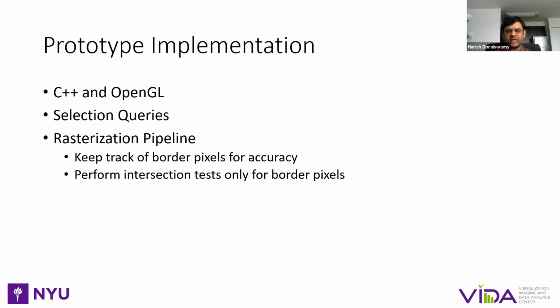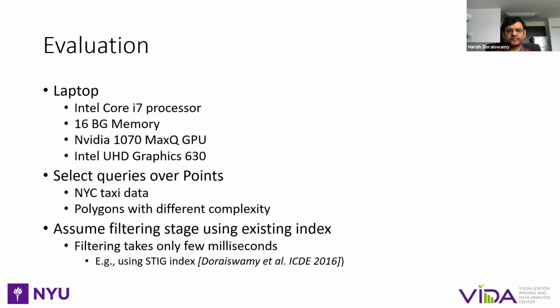We focus on selection queries using the blend and mask operators and use the concept of conservative rasterization to ensure the accuracy of the queries. We evaluate the selection of points and the polygonal constraints and examine its performance on a laptop that is equipped with both an NVIDIA GPU as well as an Intel integrated GPU.